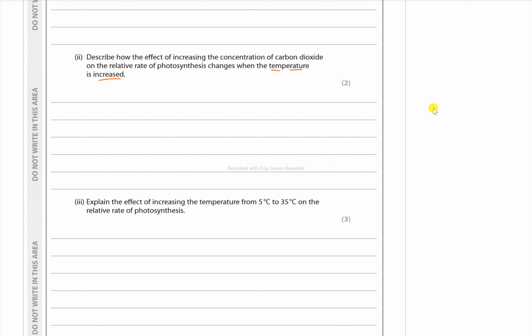So we can say the steepest curve, or the highest rate of photosynthesis, is at 35 degrees Celsius.